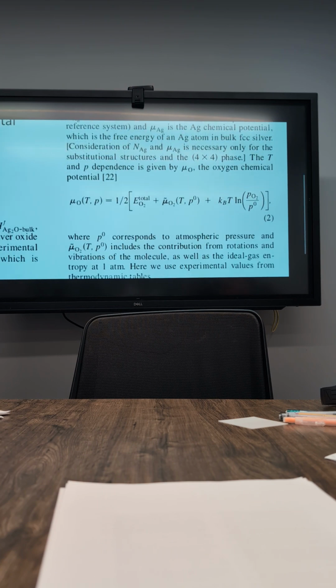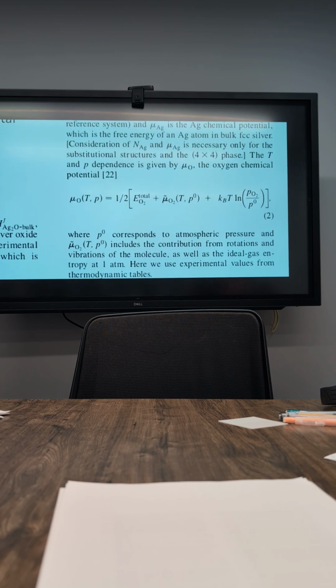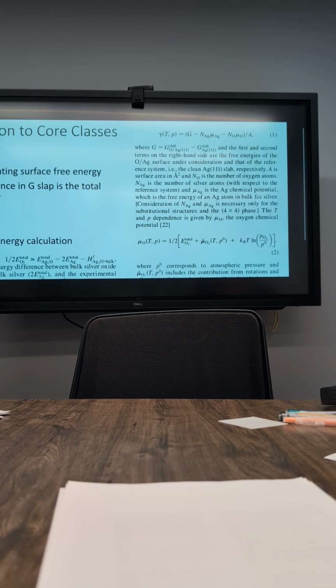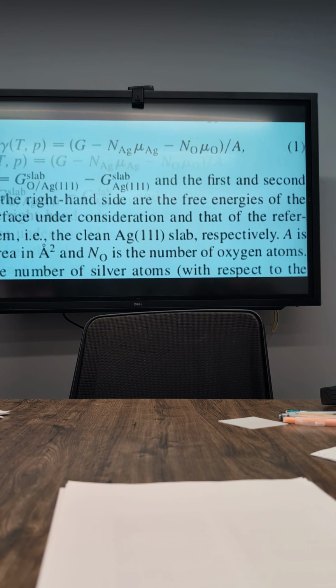And then they say a bunch of things, and then they relate the chemical potential of oxygen to everything on the right-hand side. I think they could totally ask, how can we get from equation 1 to equation 2? I think that's totally fair to ask. And basically what they do is they substitute in the energy level and rearrange the equation so that the chemical potential of oxygen is the subject.